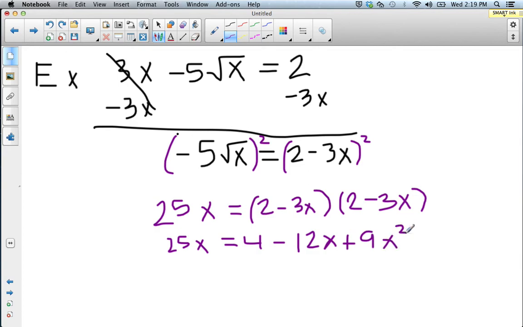Now we've got a quadratic here. How do you solve a quadratic? Set it equal to 0 and factor. So I'm going to do that. Subtract my 25x, minus 25x, minus 25x.